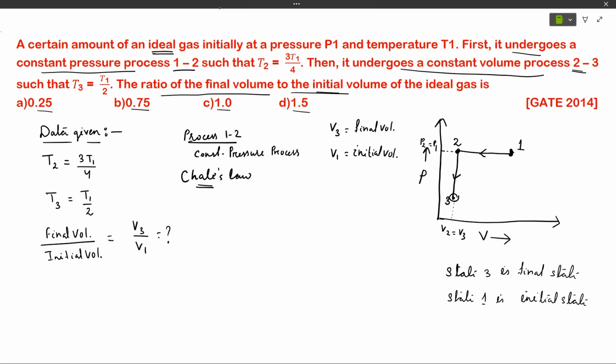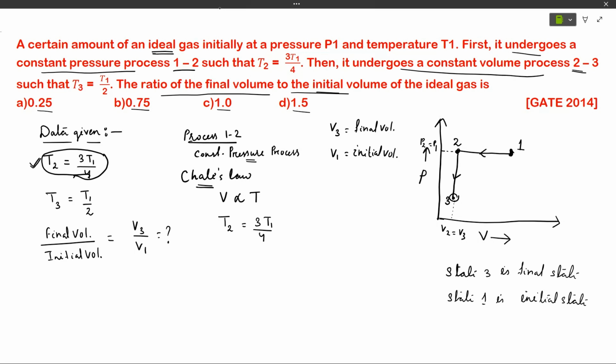So according to this Charles' law, volume is proportional to temperature at constant pressure. So this is a constant pressure process, and according to this law, volume is proportional to temperature. So here, for process 1 to 2, we use this relation T2 equal to 3T1 by 4.